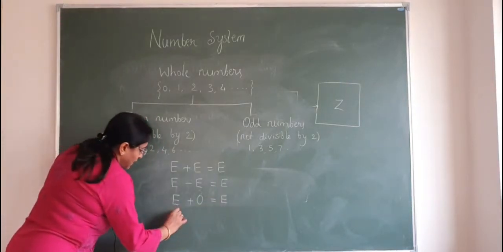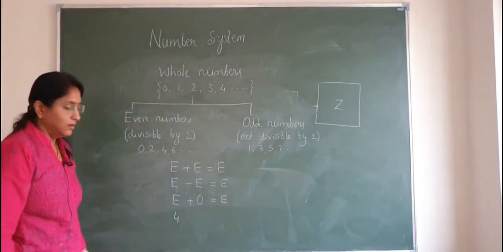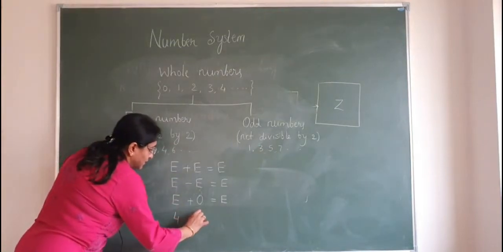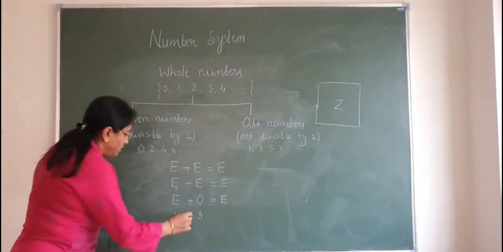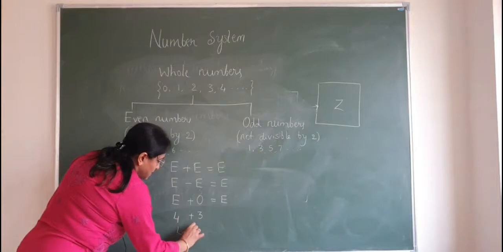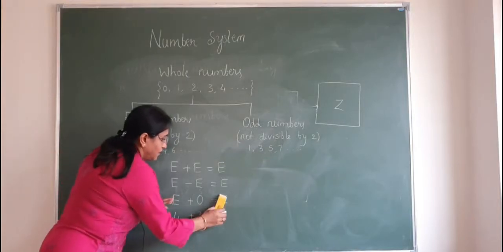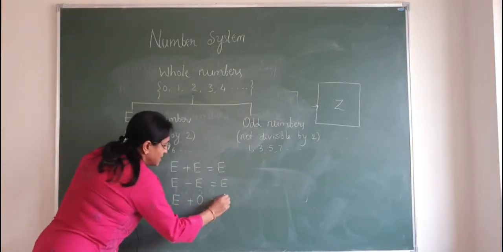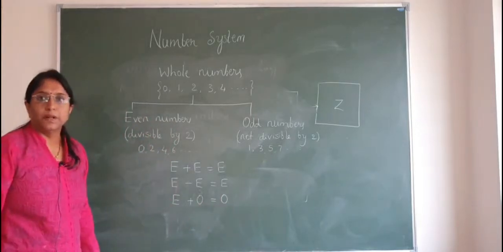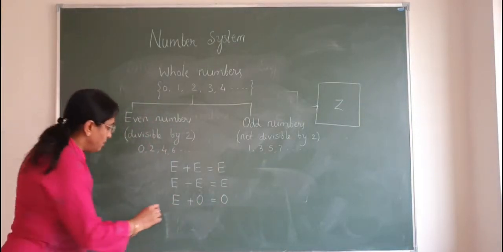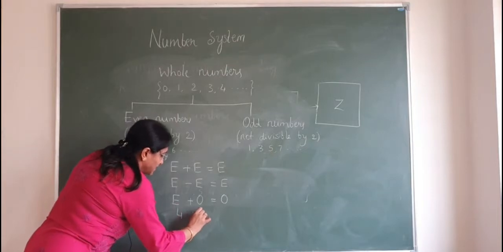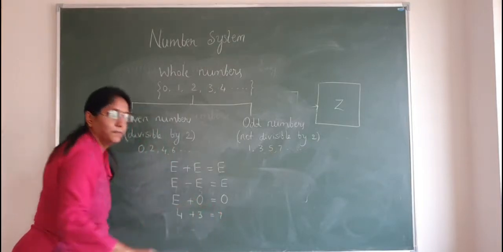For example, I take even number 4 and odd number 3. 4 plus 3 is 7.